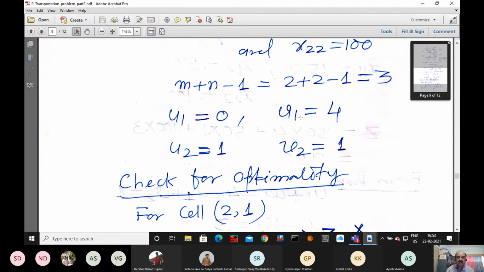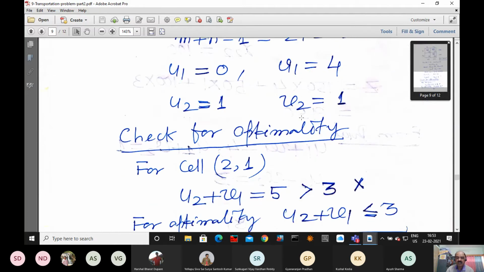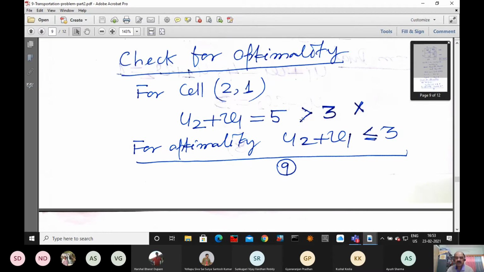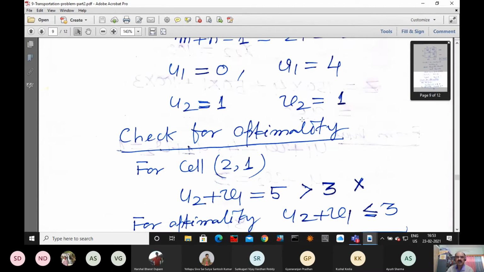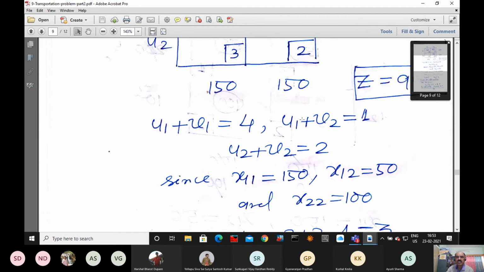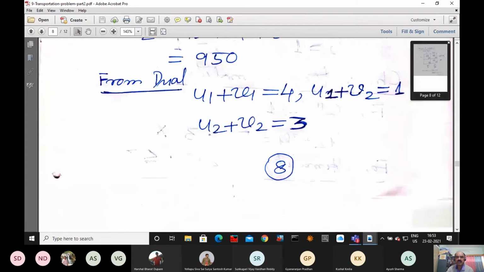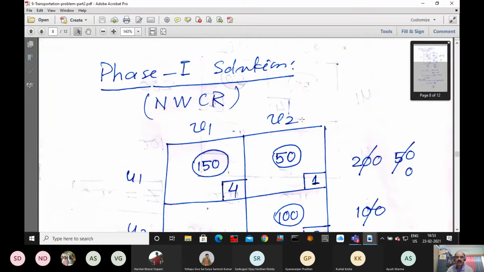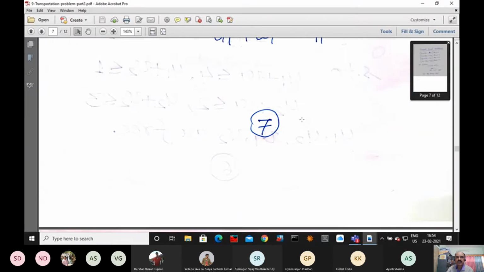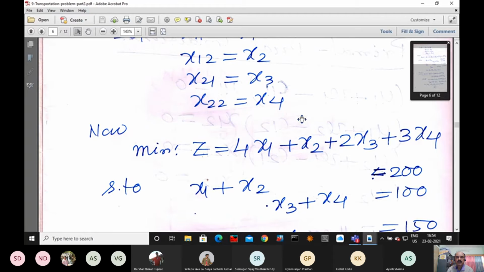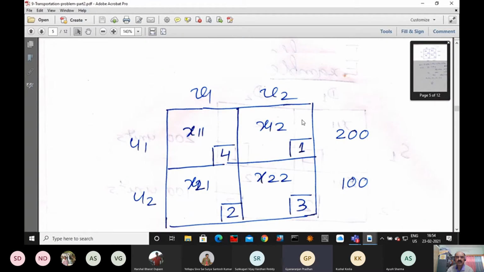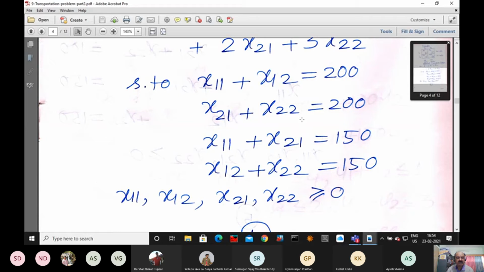So now we are checking for optimality. How much was it? 950. What about the primal one? How much did I tell in the beginning? The value if you substitute is 950.